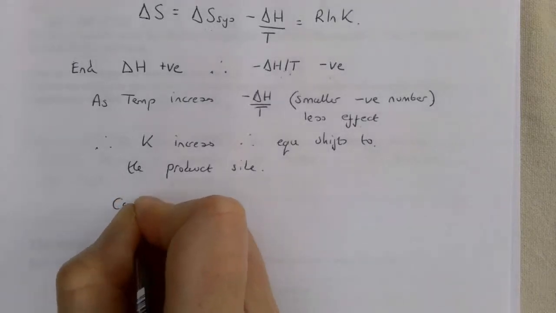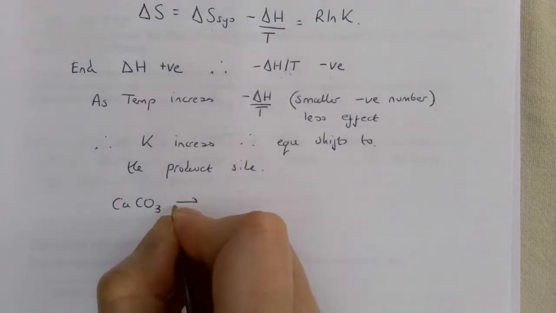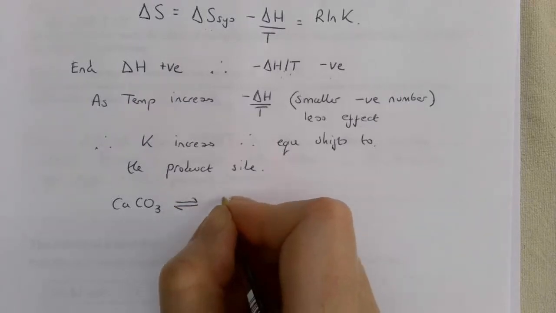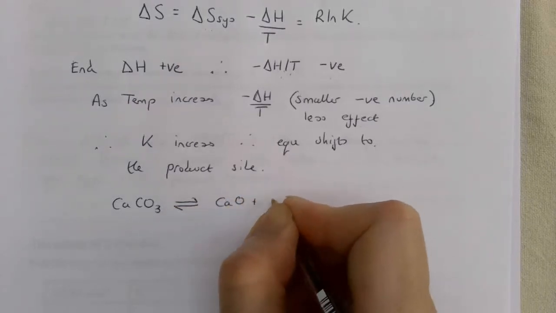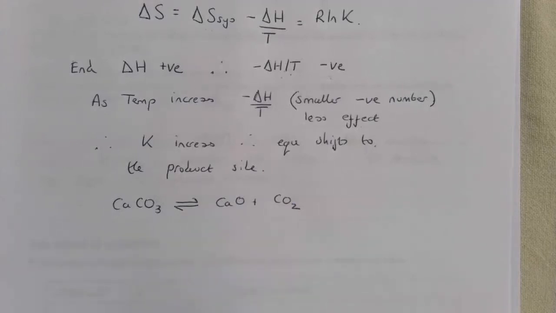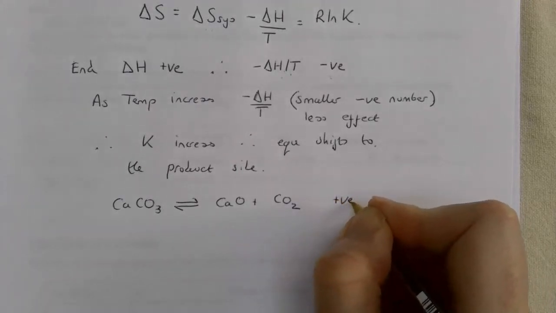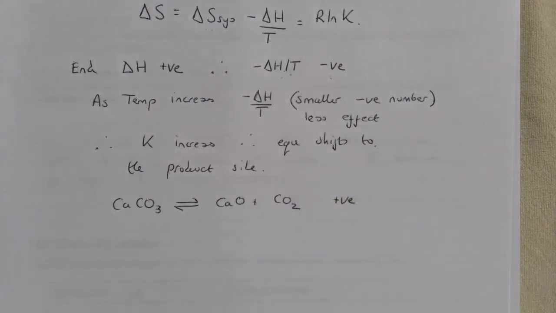If you think back to calcium carbonate and its thermal decomposition. Now, in a sealed system, that is a reversible reaction. In fact, you've done that one. Lower sixth, you heated group 2 carbonates. And this is why you had to heat them, because this is an endothermic reaction. At room temperature and pressure, the equilibrium is too far over to this side.